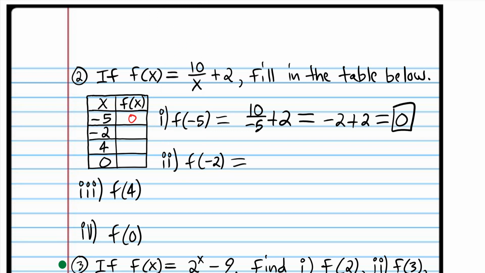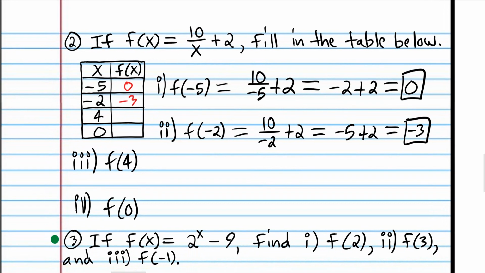So now let's find the output if the input is negative 2. So I rewrite that expression again, except instead of x, I write negative 2 because the input is negative 2. So negative 5 plus 2 is negative 3. So the output is negative 3.